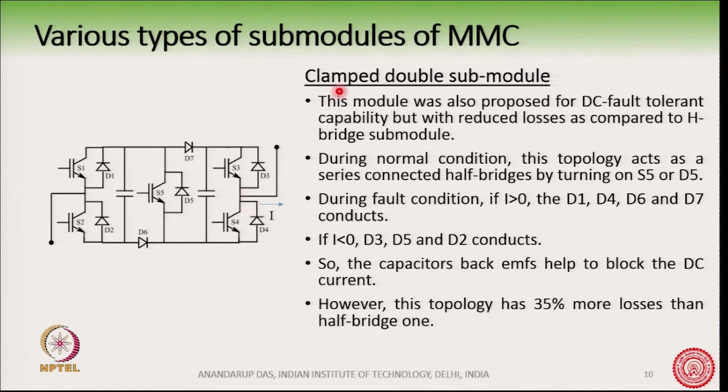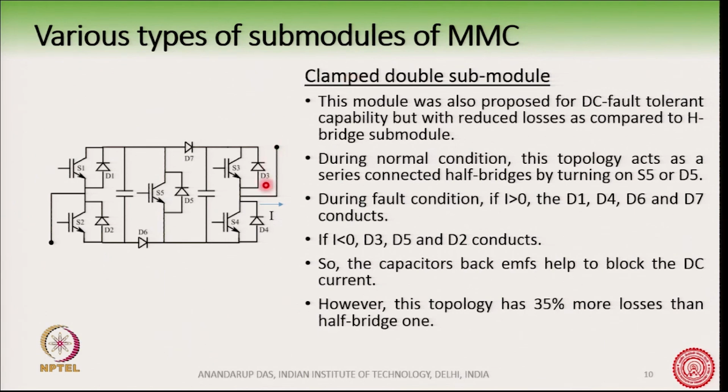The other path of the current is through this D1, through this capacitor, through D6, D4 and goes out. So, again you see that the capacitor is coming into the picture and it will restrict the fault current.